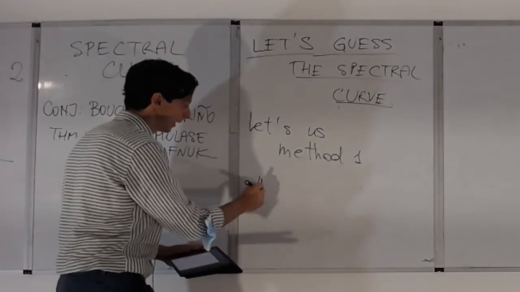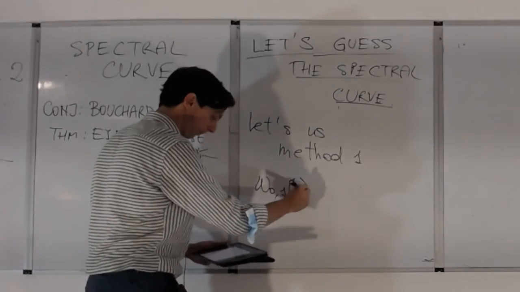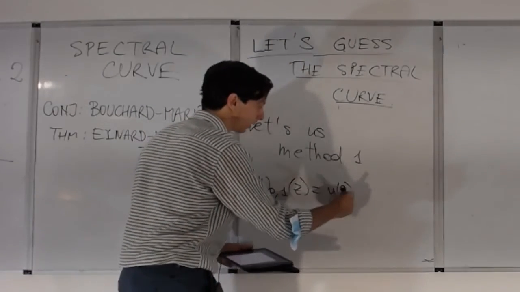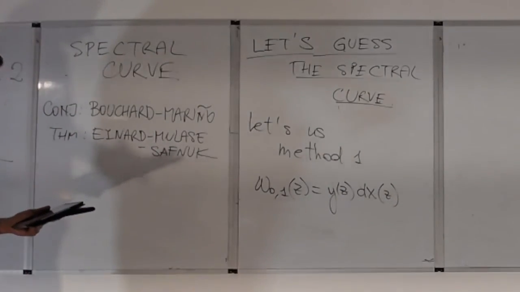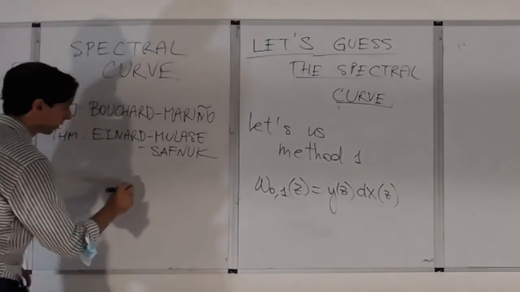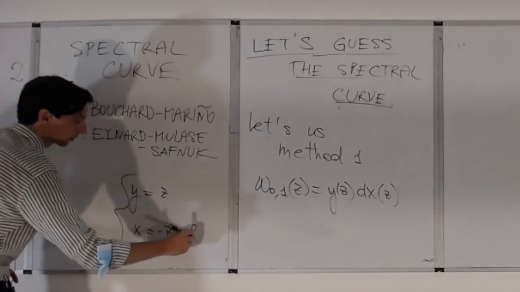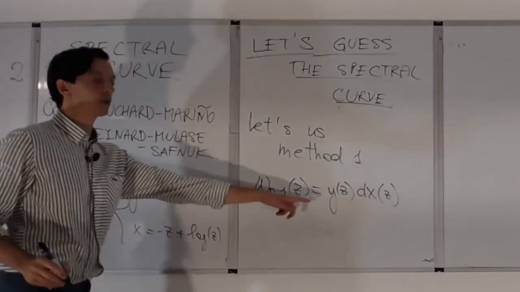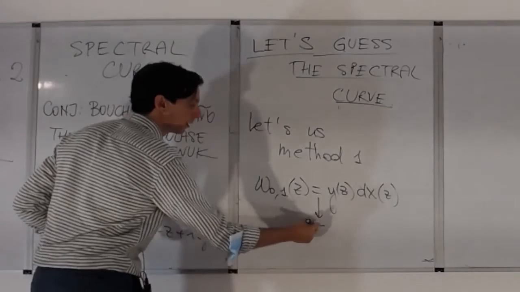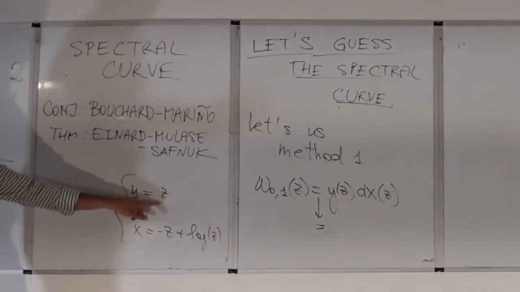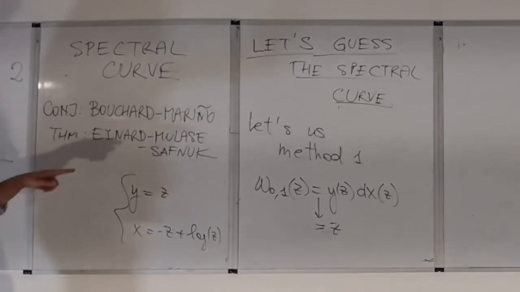So omega 0,1 of x of z is y of z dx of z. If you remember, y was equal to z, and x is equal to minus z plus log z. Okay, so what is this? This is z. Then I have to multiply.